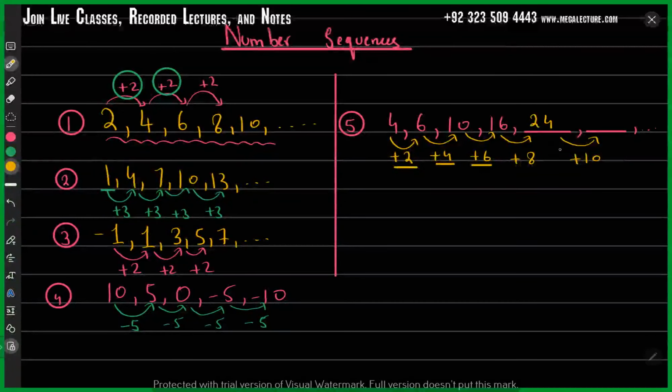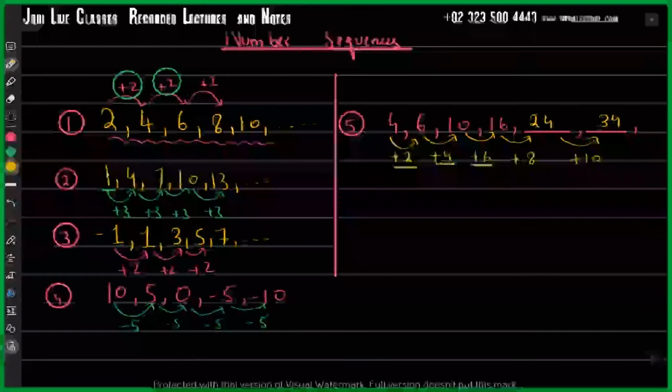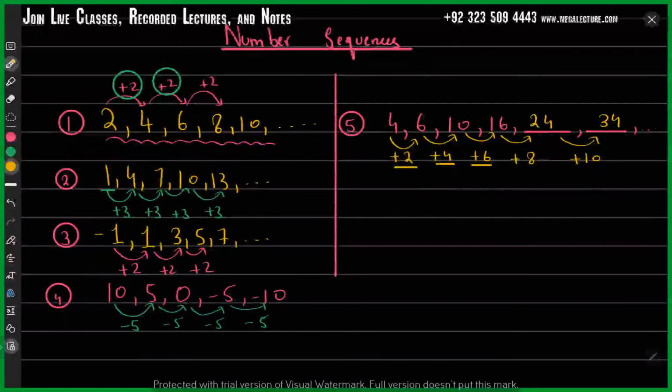Then I would be adding 10, so that would give me 24 plus 10, that is 34. So again, this is a sequence. Another type: I do not have the same difference here, but it is following some pattern. Okay, let's talk about another one. Sixth.